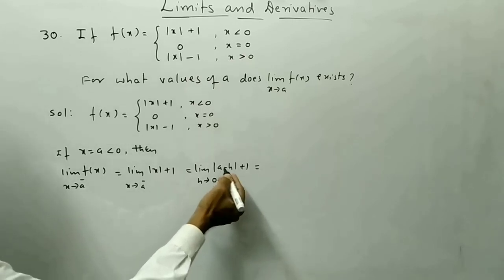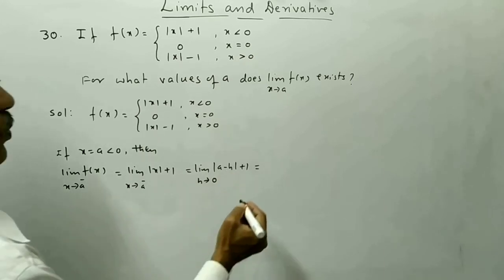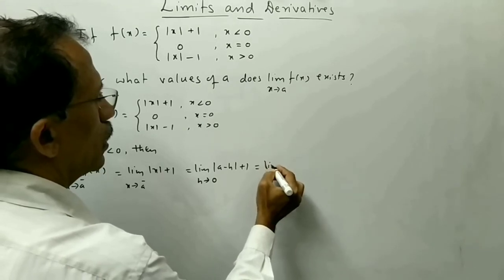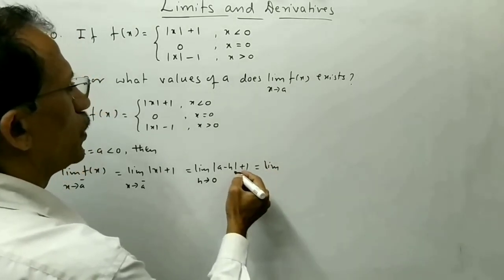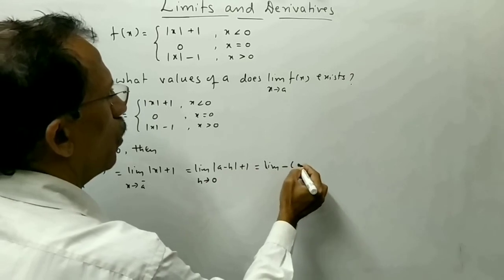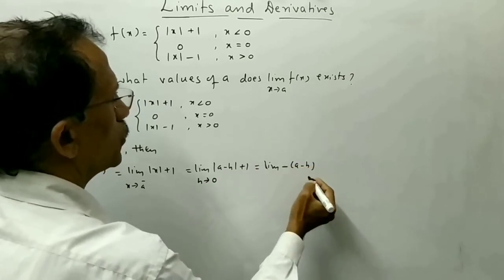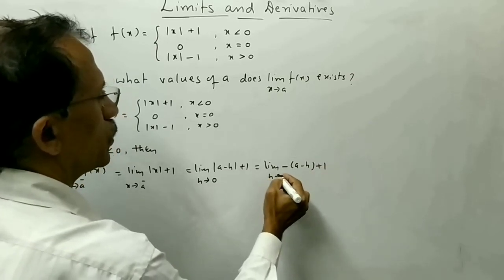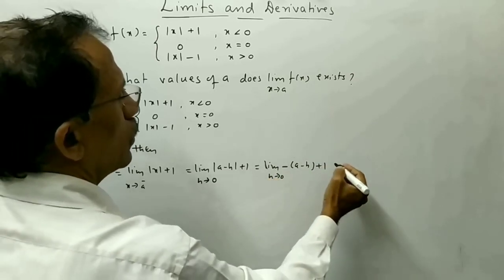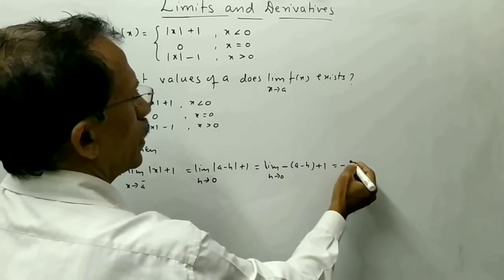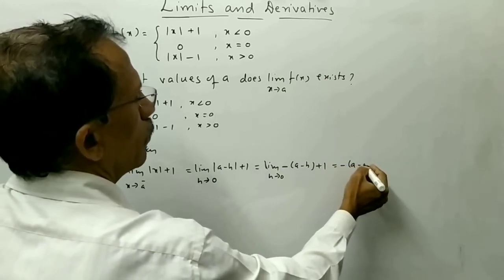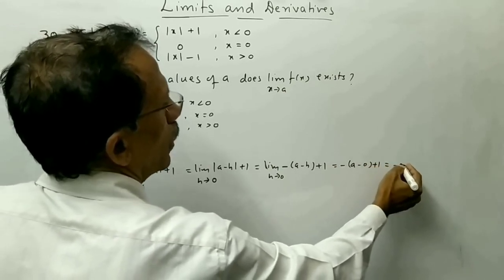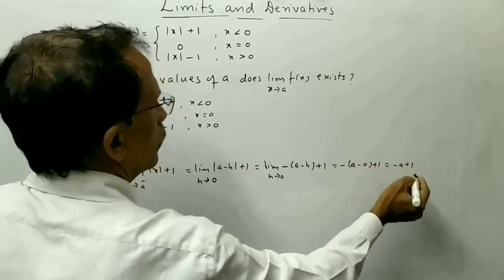To come out from this modulus symbol, we can take modulus of a minus h as minus of a minus h, plus 1 as it is, when h tends to 0, which is equal to minus a minus 0 plus 1, which is equal to minus a plus 1.